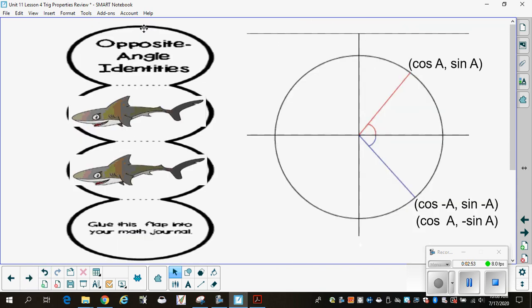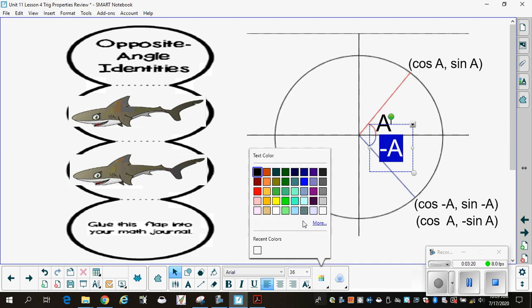Now, opposite angle identities. Here's a unit circle. If this is angle A, then this is angle negative A. And we'll even make it blue so that we know what we're talking about.